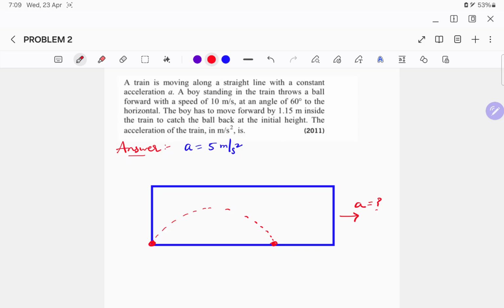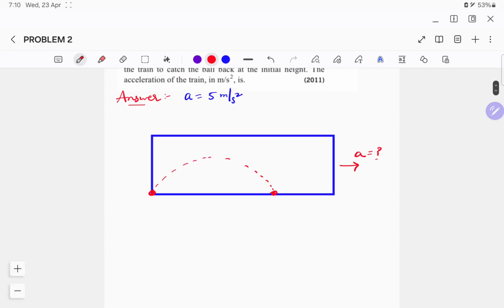Now the difference between the earlier method and the present method is that earlier I did the problem completely with respect to the ground frame, but the present method is with respect to the train frame, or I can say with respect to the boy.